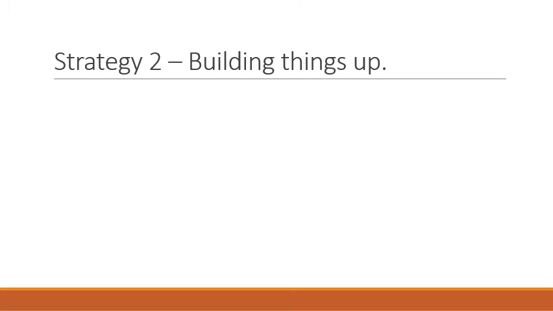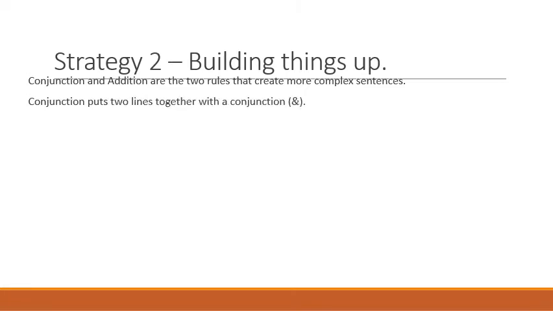Okay, so the other set of rules, the two other rules that we have, allow you to build things up. So conjunction and addition are the two rules that we use to create more complex sentences. So the conjunction rule puts two lines together with a conjunction.